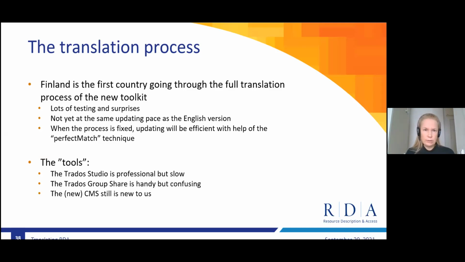But when the process is fixed, updating will be very quick and efficient with the help of the so-called perfect match technique. I think it takes only a couple of days to do all the translations for the updates of a release.